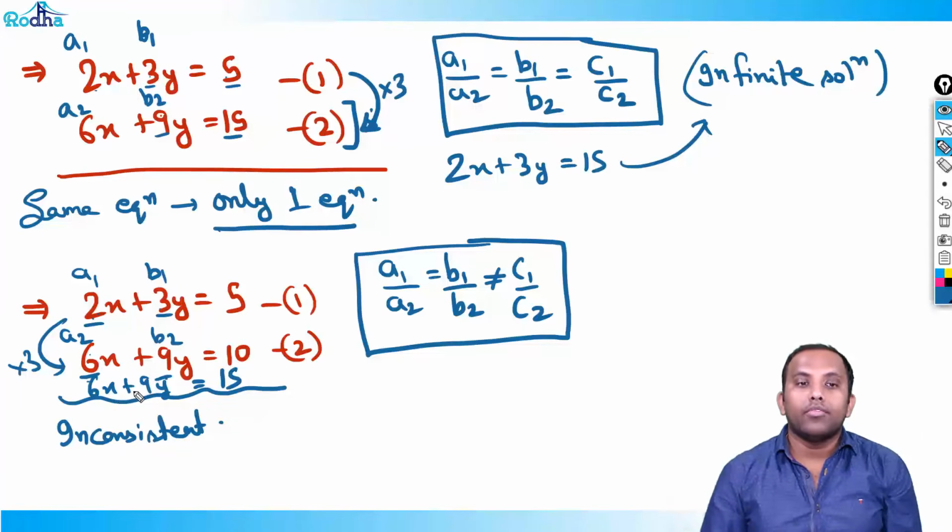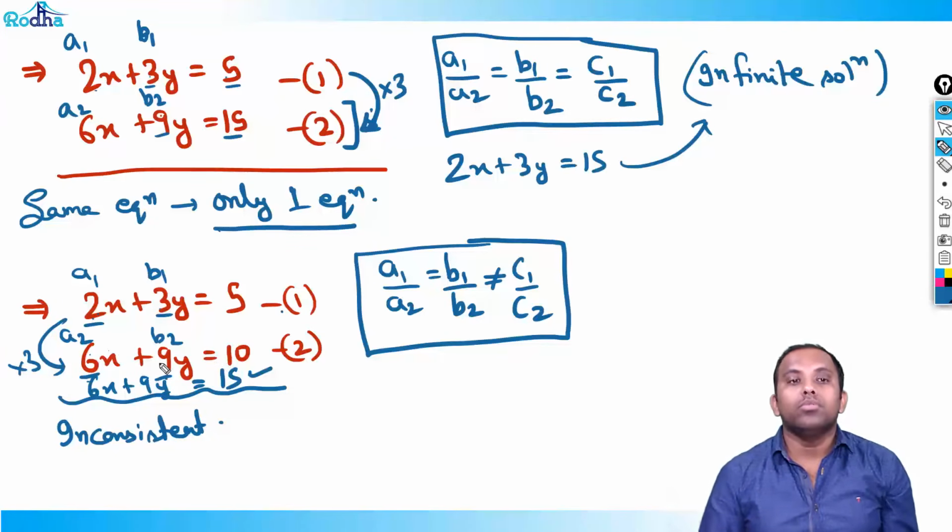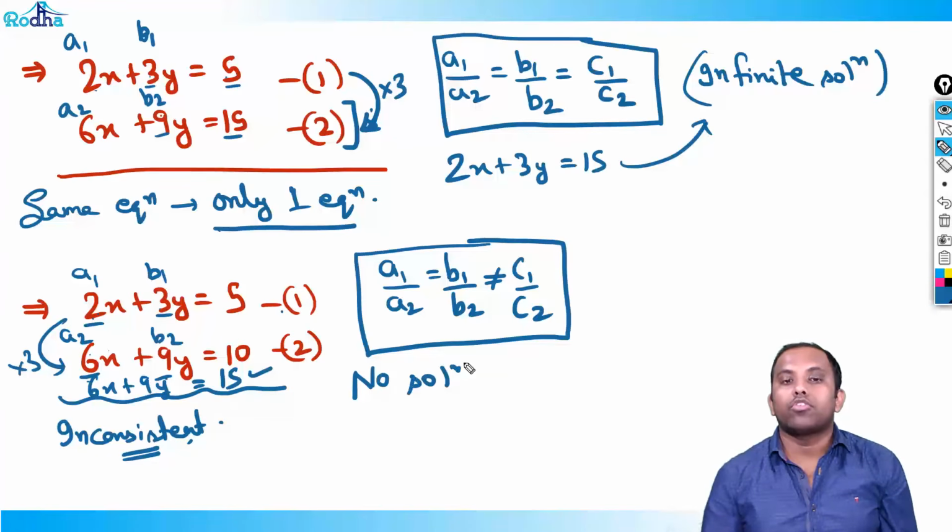That means equation 1 gives us that 6x plus 9y is equal to 15, but this equation is saying that 6x plus 9y is equal to 10. At the same time, values cannot be the same, right? 6x plus 9y cannot be 15 and 10 at the same time. That means this is inconsistent. So this is a case of no solution.